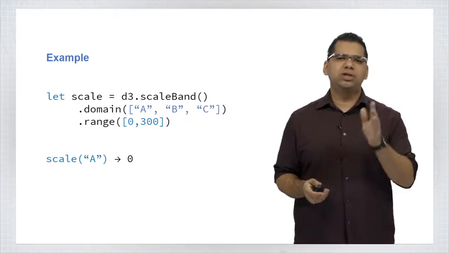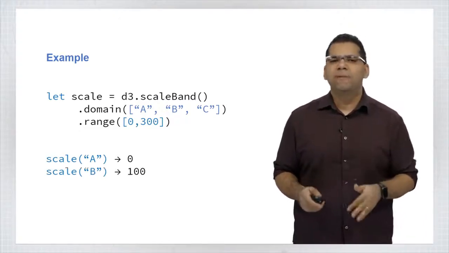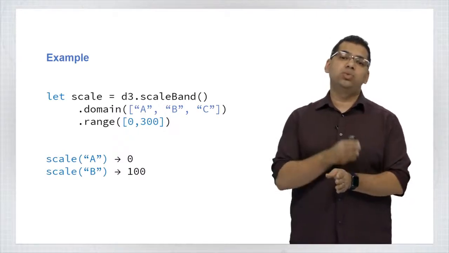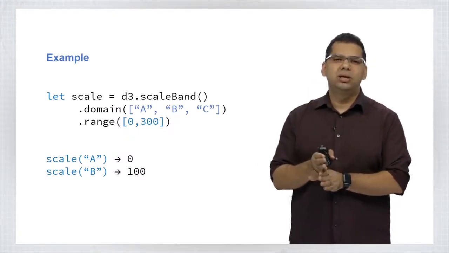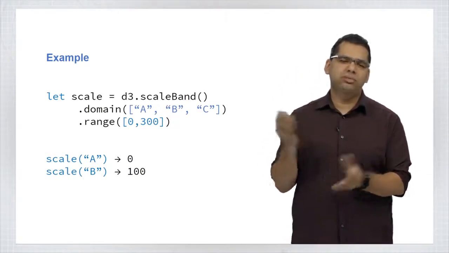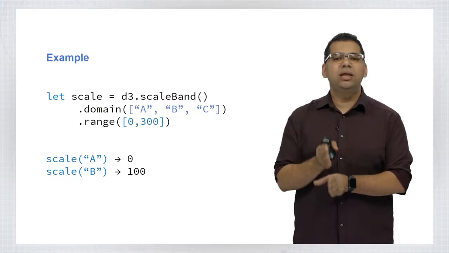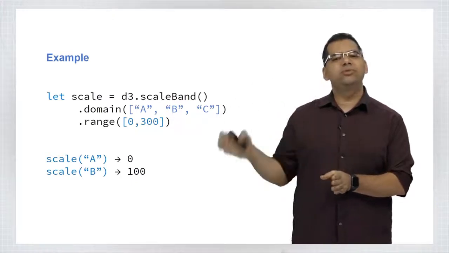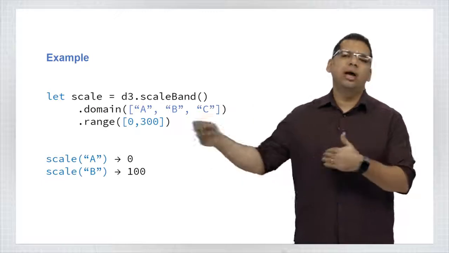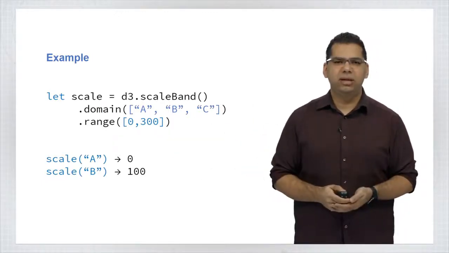The beginning of chunk A is going to be 0. The beginning of chunk B is going to be 100, because that is where the first chunk ends. So it's not like a numerical scale where you would think that if it's in the middle, it's going to be 150 because it's half. No, that's the beginning of the chunk. The same thing if I run C, I'm going to get 200, because then plus the width, I get the 300 space that I have available.